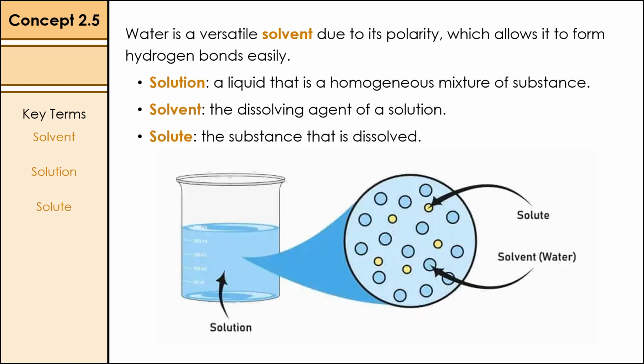And so we can take a solute, whatever we're looking to dissolve, and it will break apart within that water as a solvent and create a solution, a homogeneous mixture of that substance.